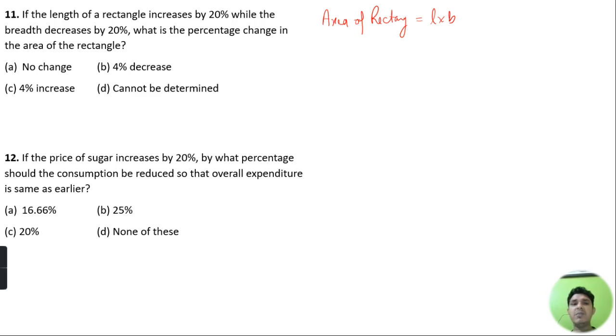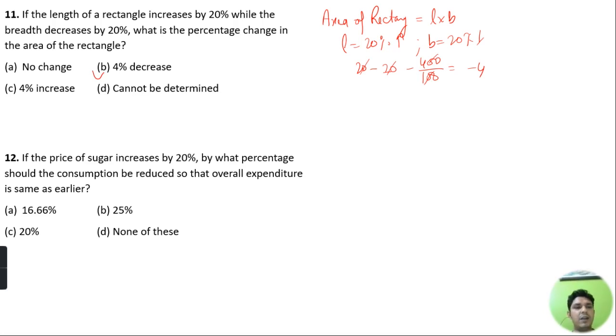Whenever the quantities are in multiplication and percentage increase or decrease is given, we can simply use successive percentage change and find the overall net percentage change. Length is increased by 20% and width is decreased by 20%, so the change is 20 minus 20 minus the multiplication of these two, divided by 100. This will be simply minus 4, that means a decrement of 4%. Option B will be the right option.